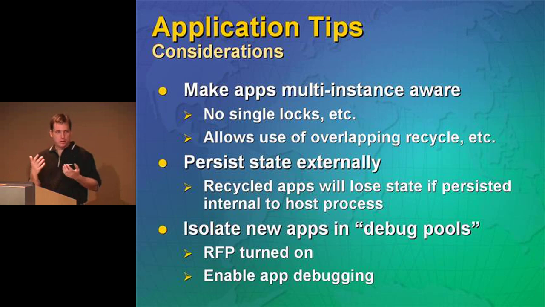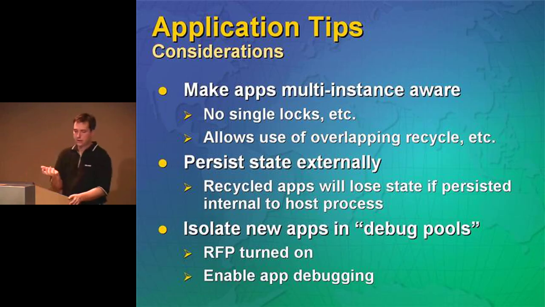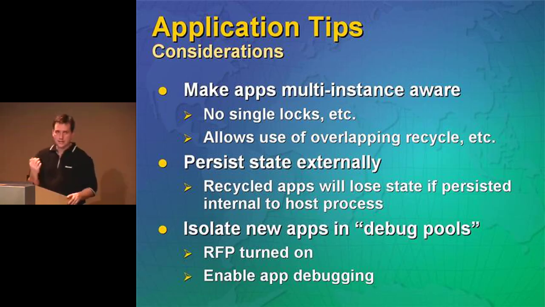This probably would not be the case if the ASP pages are writing to a database, because that's designed for concurrency. But if they're just writing to some physical file, you'd have to make sure your code was aware that there could be other processes holding on to this file, and you'd have to implement logic there. The cases where multi-instancing will happen are if you do overlapped recycles, or if you configure a web garden.